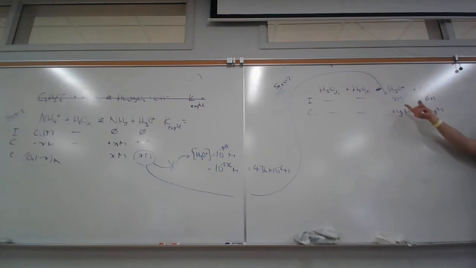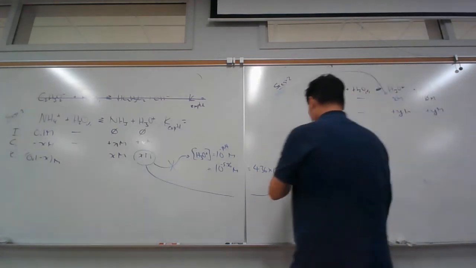If we already have product there, then we don't need to make as much to get the same K. It's just math. So because of the common ion effect, it's going to be a lot less than it would be in pure water. In pure water, there's nothing there to inhibit it. We don't have this X already sitting here, and the X is kind of significant.